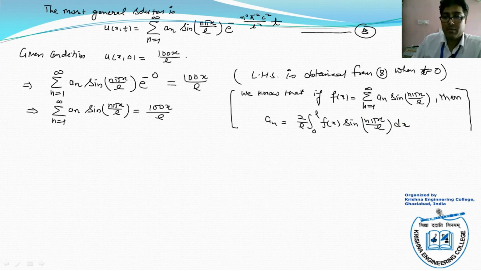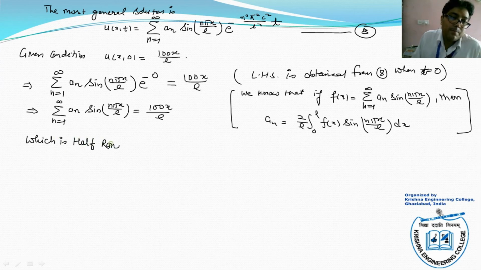So this is the half range Fourier sine series. Clear? This is the standard result, the half range Fourier sine series.